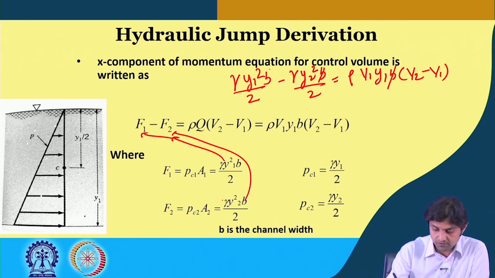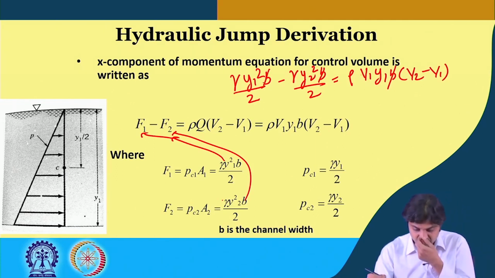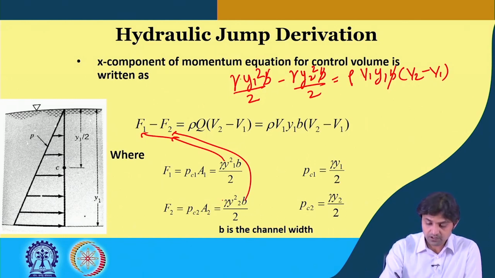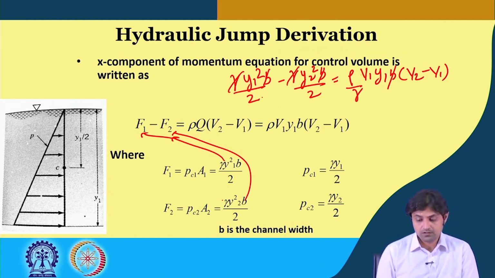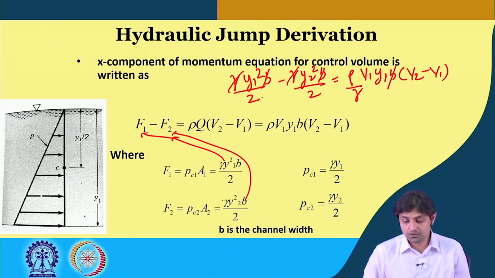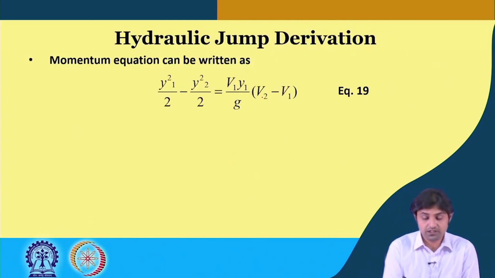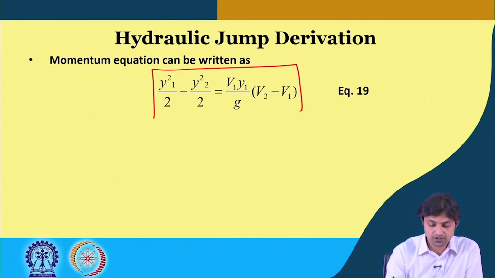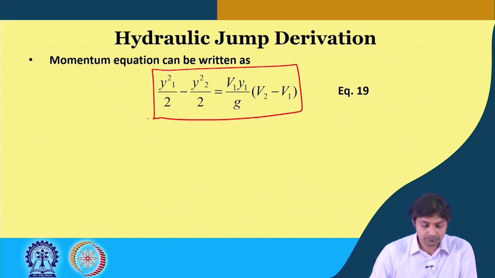So, B will cancel from both sides, and this gamma can come down, so rho by gamma is going to be g. Using this, we have simply written Y1 square minus Y2 square is equal to V1 Y1 by g into V2 minus V1. So, this is one equation that we get.